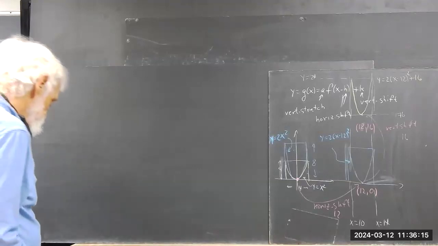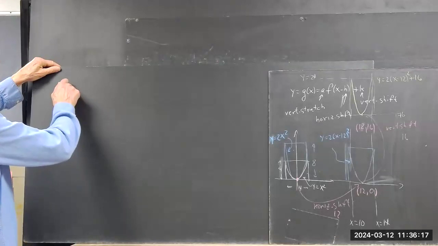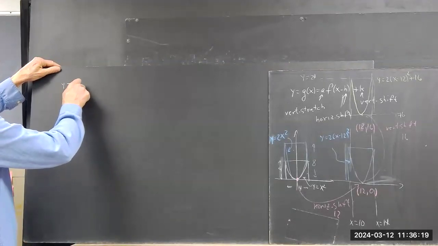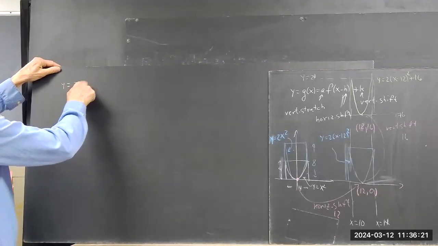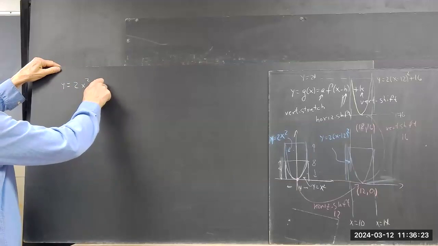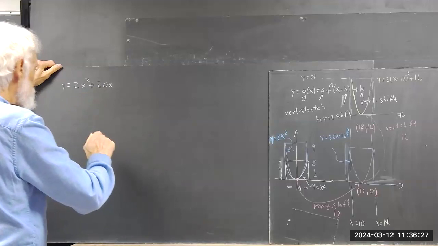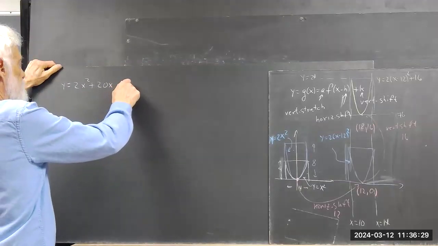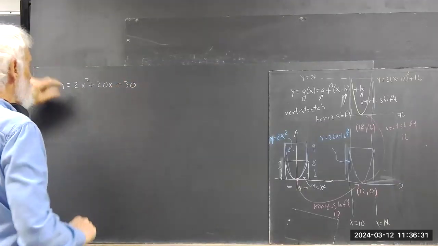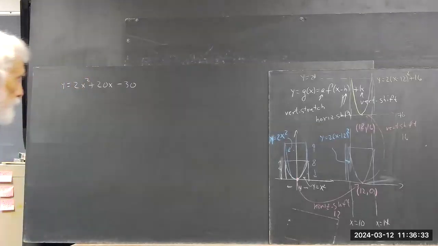Okay, now, let's just take y equals 2x squared plus 20x minus 30. What are the zeros?